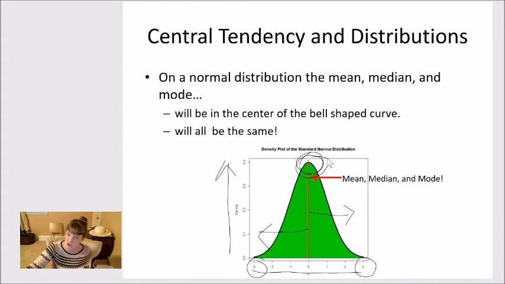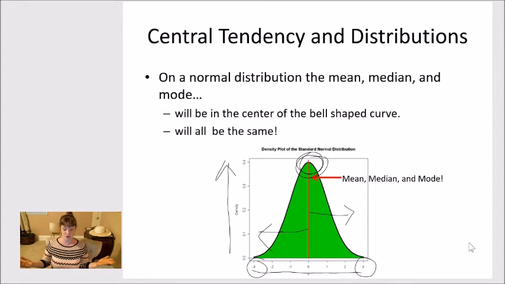And a normal distribution, a Gaussian distribution, is defined as any variable that has one very, very common score, and as you get above that score or below that score, scores get less likely. Well, let's combine that knowledge of a normal distribution with our knowledge of the mean, median, and mode.